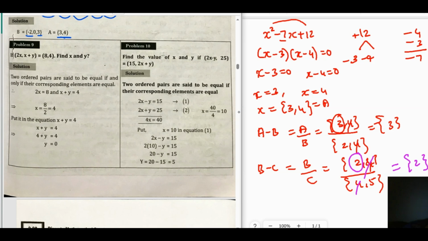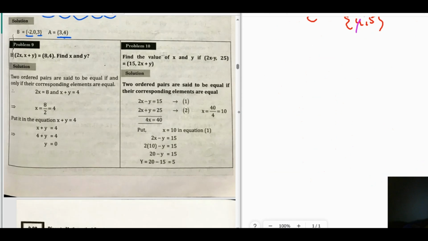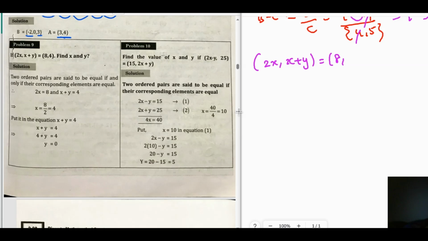Then moving on, the next one is find the values of x and y. They've given the question as 2x comma x plus y equals 8 comma 4. Then we have to find the value of x and y.